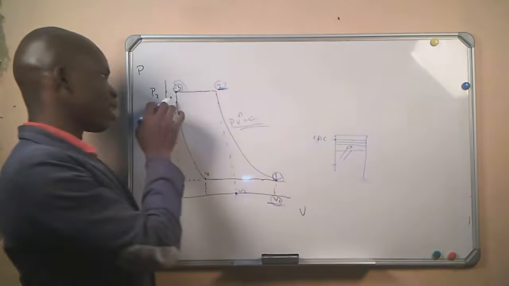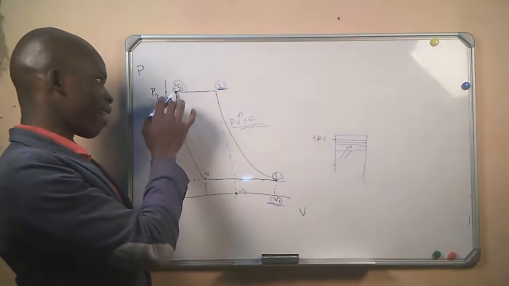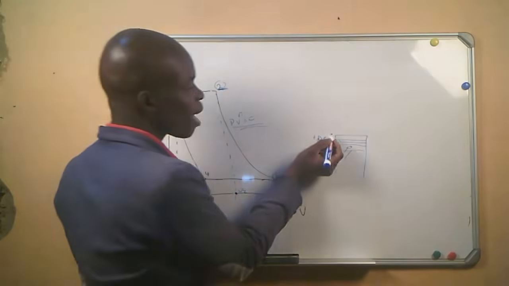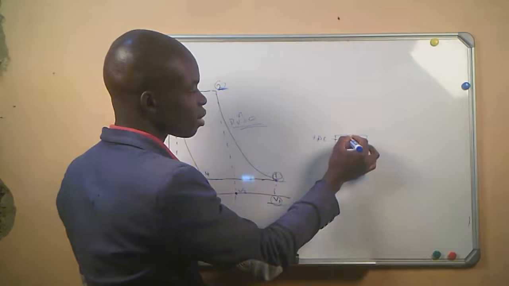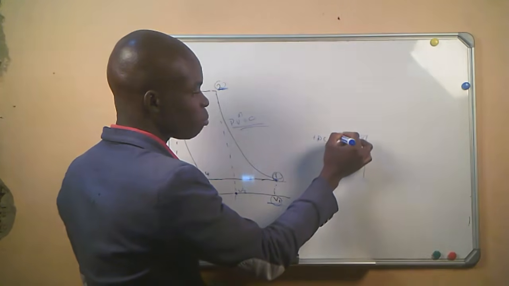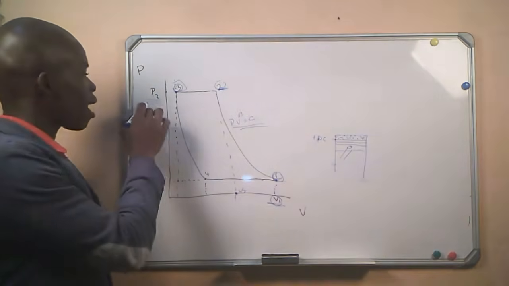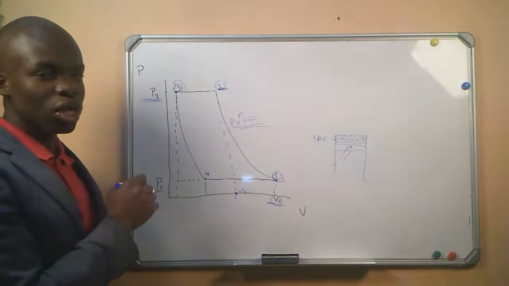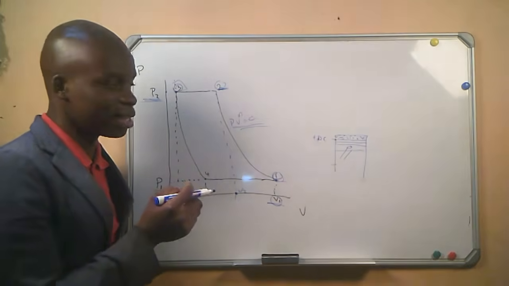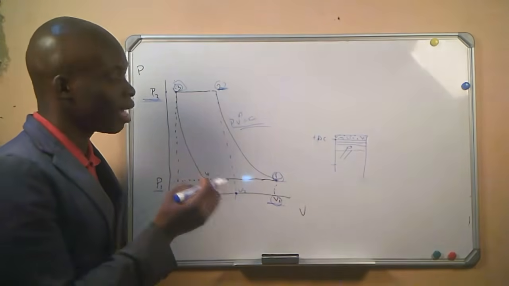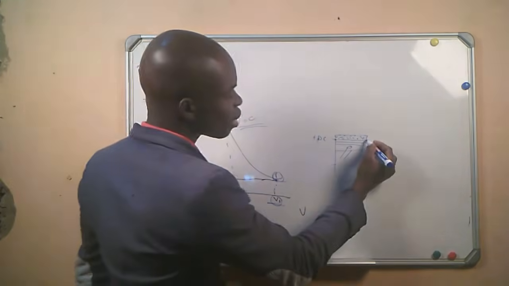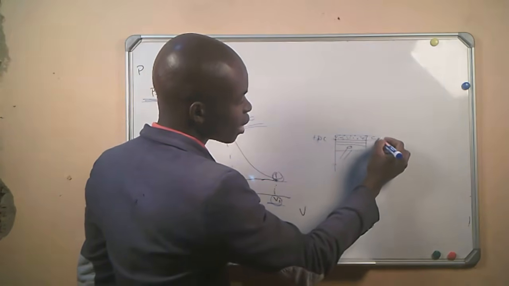When we have delivered the air, in this part where our piston cannot reach, there will still be air under pressure number 2 that will remain in the cylinder. We call this the clearance volume.